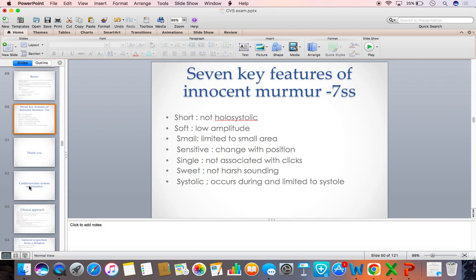Small, limited to a small area. Sensitive, changes with the position of the patient. Single, not associated with clicks. Sweet, not harsh sounding. Systolic, occurs during and is limited to systole. These are the 7 S's of innocent murmur.